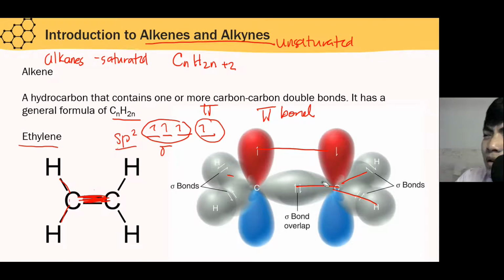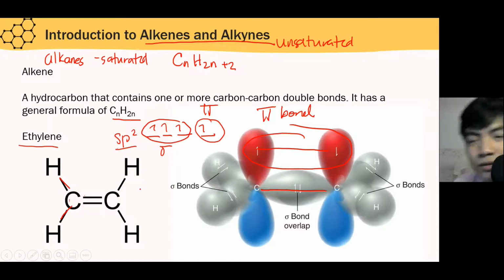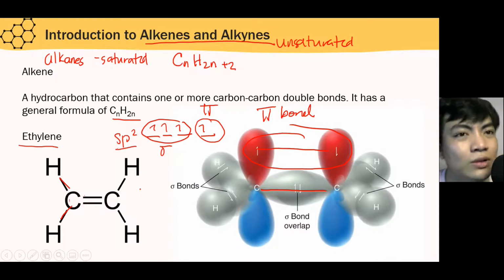Other than the single bond in between the 2 carbon atoms, you will have another extra bond which is called the pi bond. Again, it's originally tigi-isa lang, pero in the presence of the pi electron, naging dalawa siya. So it becomes 2. That is the reason why we have a double bond.